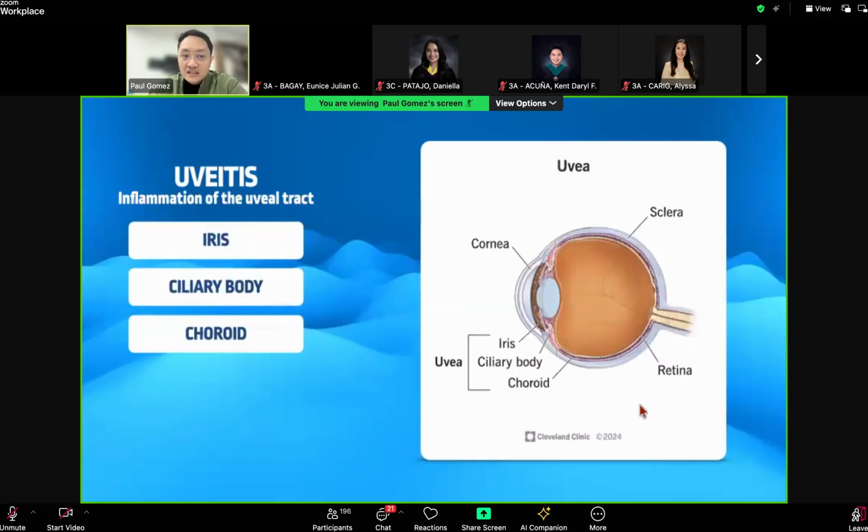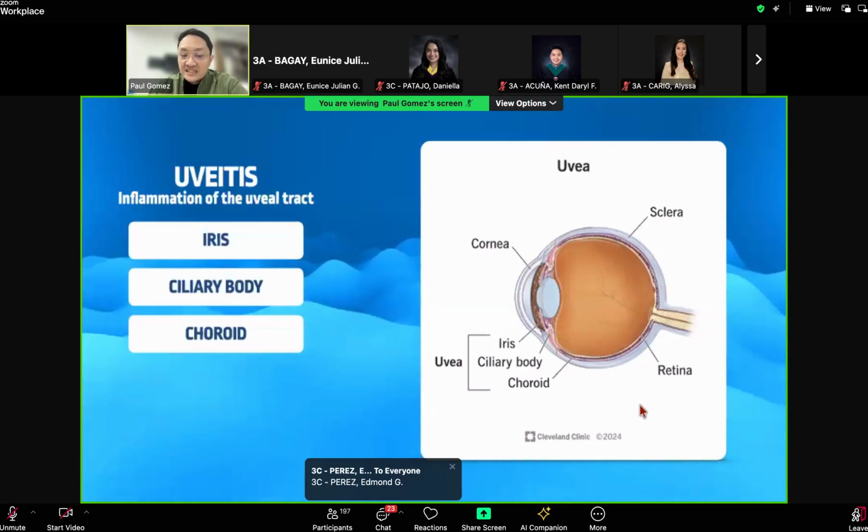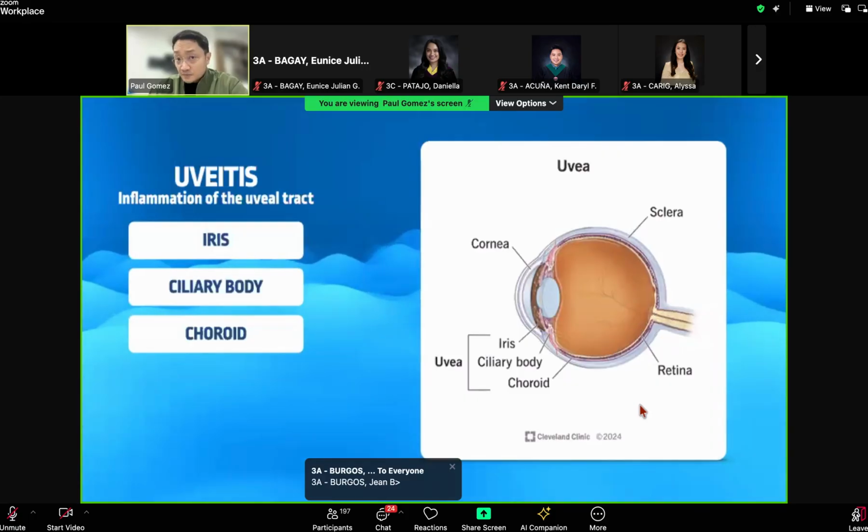The ciliary body is the part of the eye that produces aqueous humor and contains the muscles that focus the lens, or accommodation, while the choroid is a layer of blood vessels and connective tissue between the retina and the sclera, and its primary function is to nourish the outer layers of the retina.